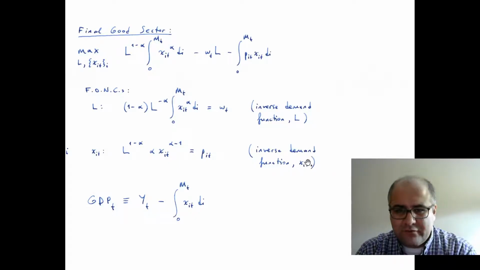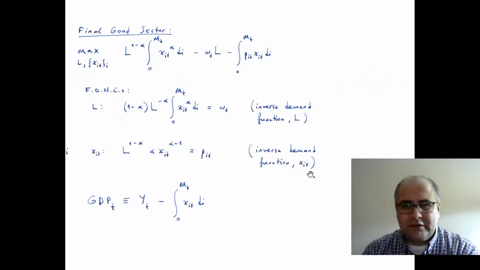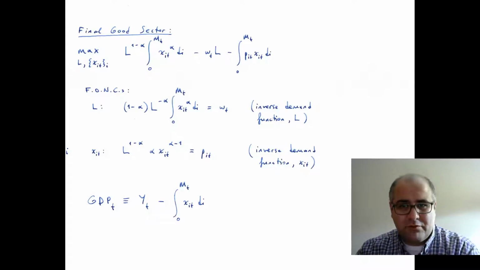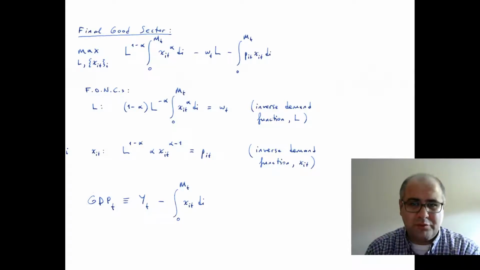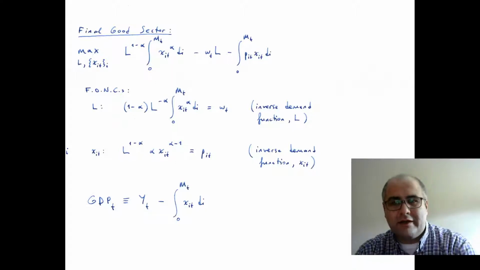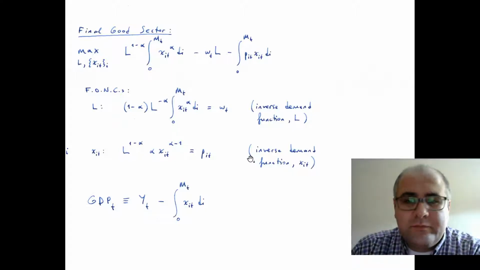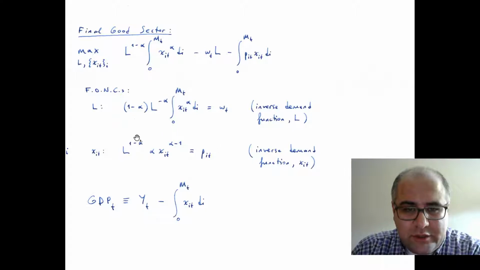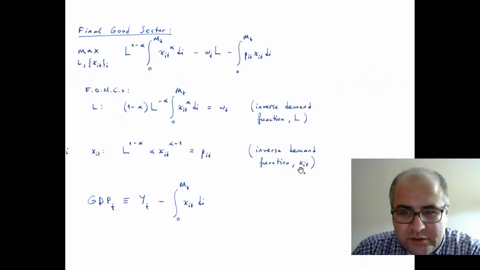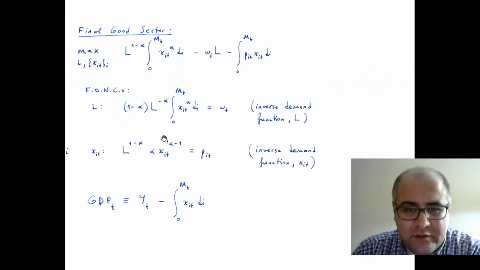Because the inverse demand function for the intermediate input x would be taken as given by the local monopolies in the intermediate goods sector, so that they solve their profit maximization problem given the inverse demand. Remember the typical monopoly problem from your undergrad years. So that's the idea. The equation that you see here, the inverse demand function for the machine x_i, will be an important thing for the later slides.